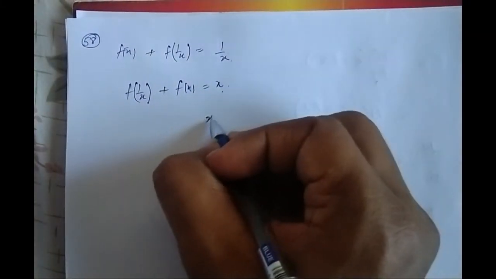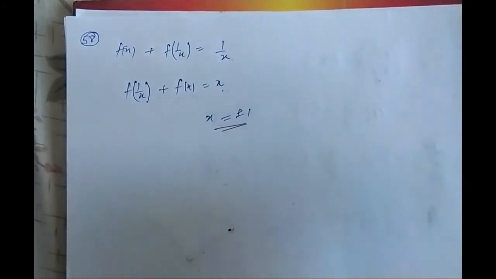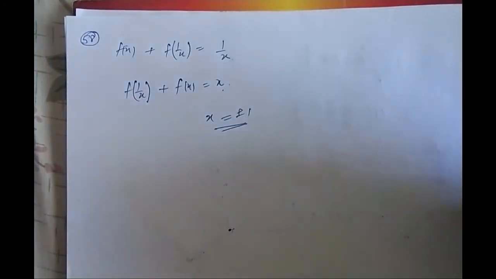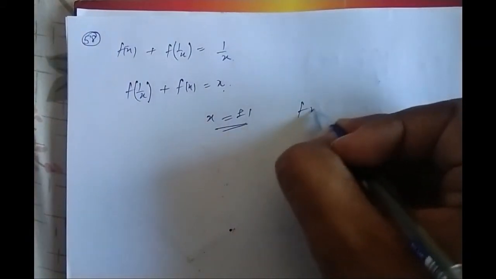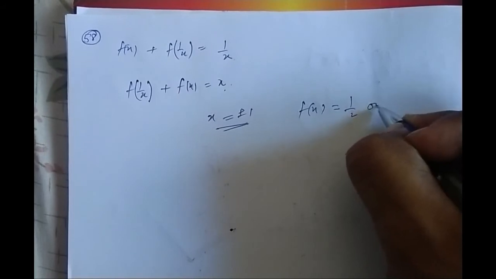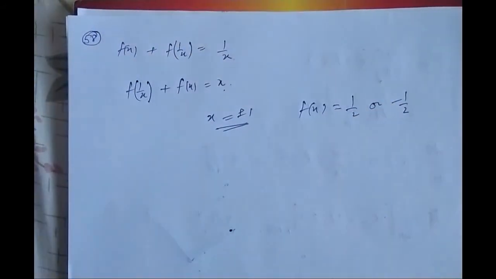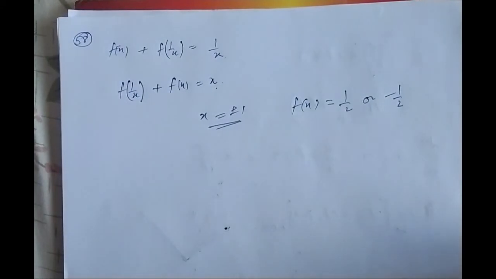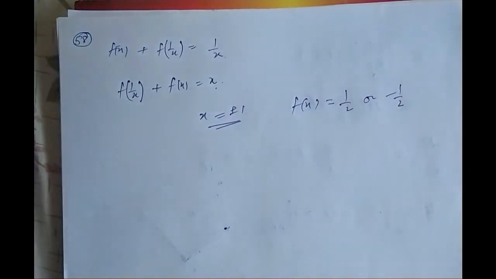So this gives x is equal to plus minus 1. Okay, so f(x) will be half or minus half depending upon whether x is 1 or minus 1. So the maximum value of f(x) would be half.